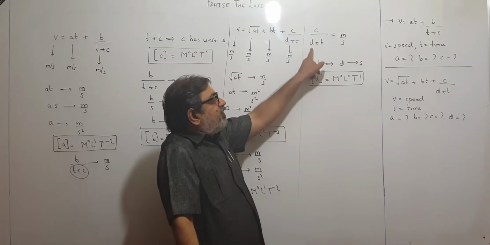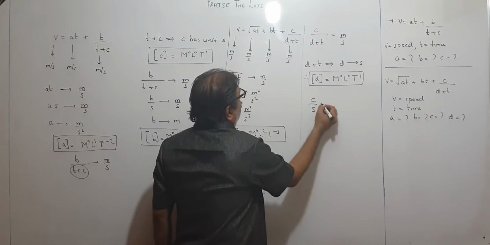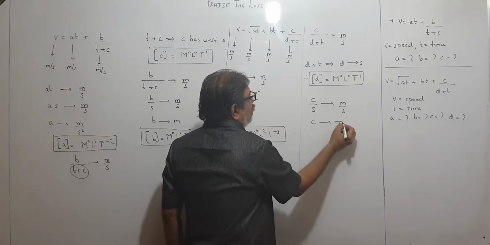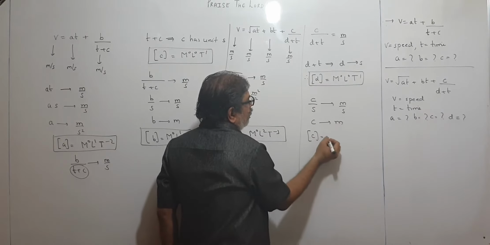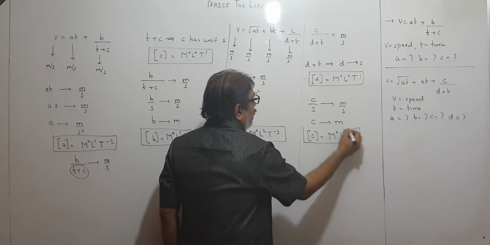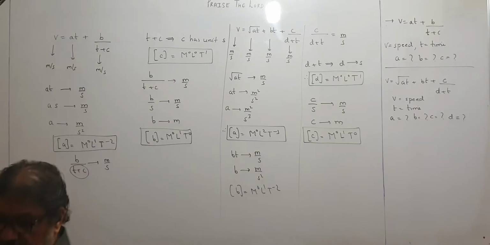So this is time plus time, that is time, मतलब second, तो C upon second will have unit meter upon second, second can cancel, so C has got unit meter, so dimensions of C are m0 L1 T0, like this we think. Please pause and copy, children.